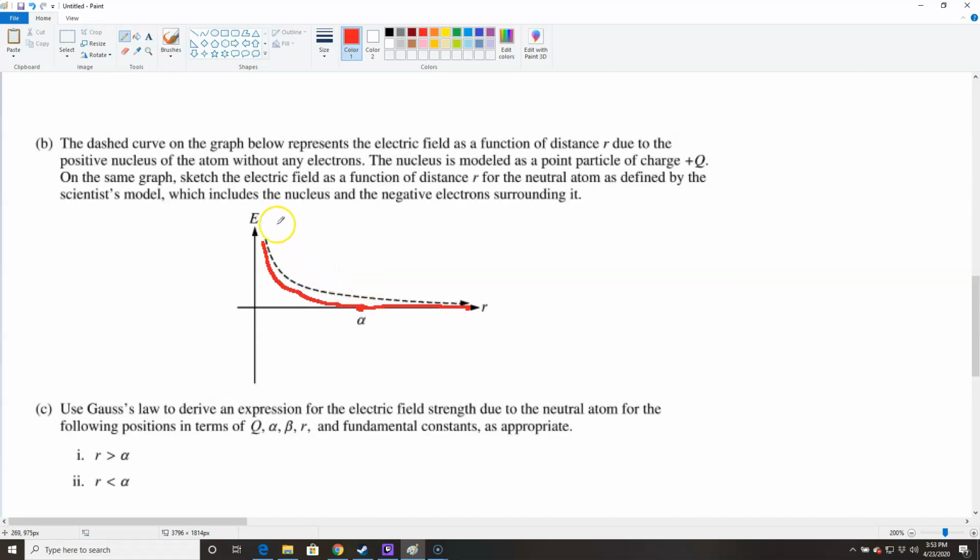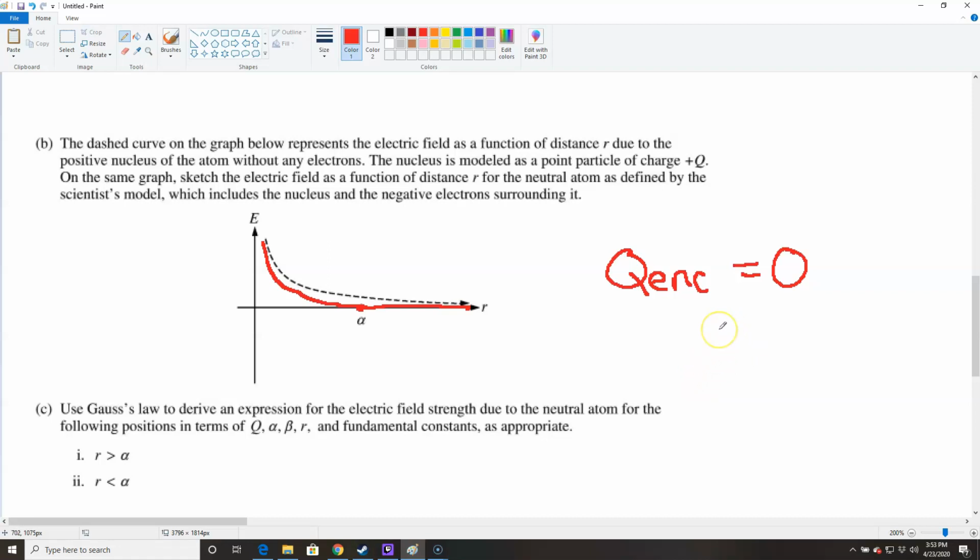The reason is, the closer I get to the middle, the less influence the electrons have on the electric field, because according to Gauss's law and my Gaussian surface, they're not enclosed. As I move farther from the nucleus and closer to alpha, more and more electrons get enclosed and eventually cause the field to plummet to 0. It plummets to 0 because once I've hit alpha, the enclosed charge is 0.